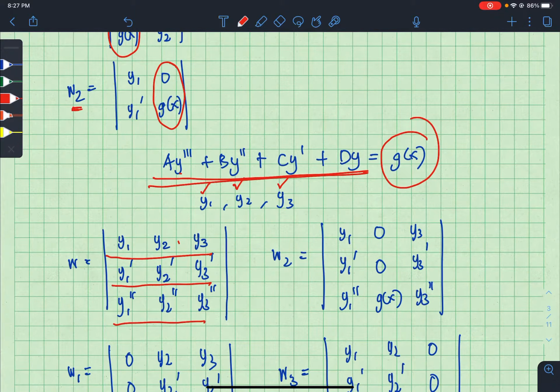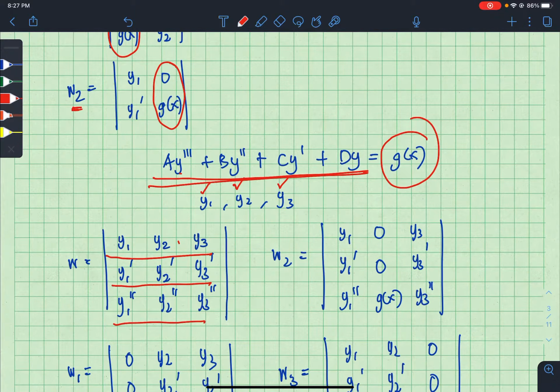And then e raised to x times e raised to x is plus e raised to 2x. And then minus upward, so minus e raised to x times x e raised to x is x e raised to 2x. As you can see here, this would cancel out. So therefore, we have W equal to e raised to 2x.